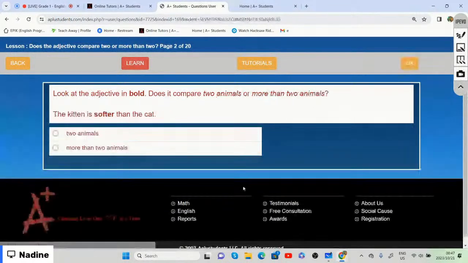The kitten is softer than the cat. Is it two animals or more than two animals?